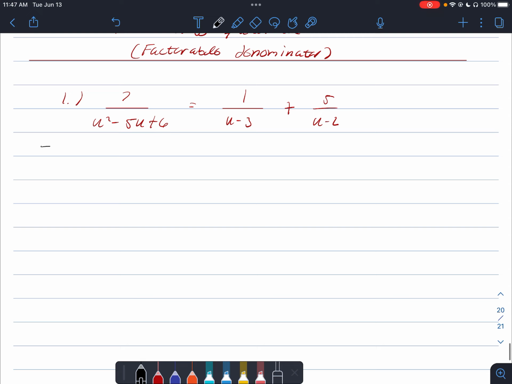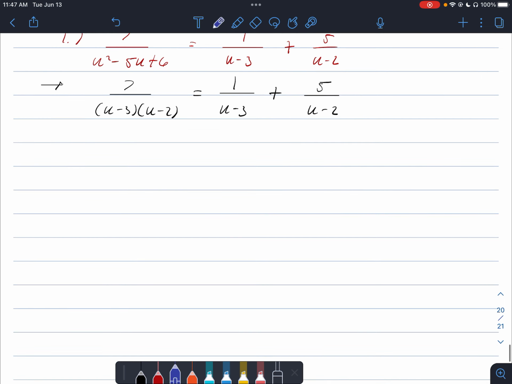So we can actually rewrite this as 7 over u minus 3 times u minus 2 is equal to 1 over u minus 3 plus 5 over u minus 2. So now we can look at our excluded values.